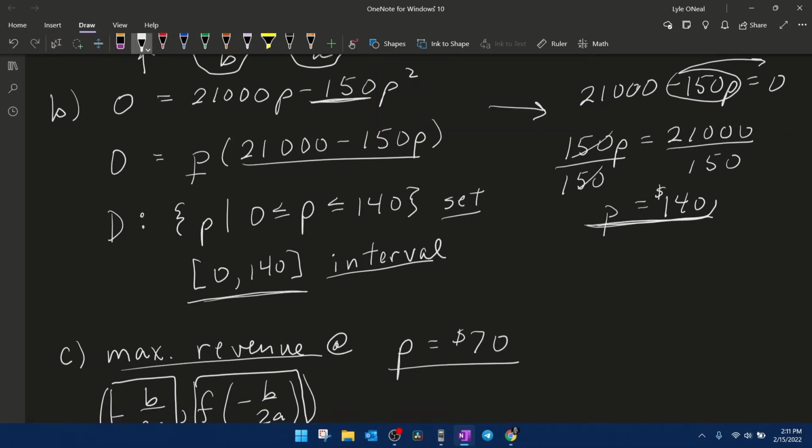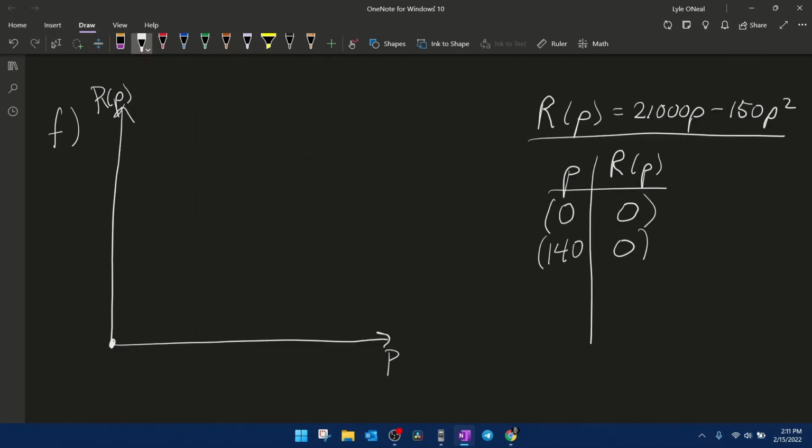We know that if we plug in 140 for P, that's going to produce a revenue of 0 as well because it was a solution to the equation. All right, so what I now know are both of the x-intercepts. Remember, we also have the vertex, which I can plot, knowing that the x-coordinate, which in this case is P, is 70.